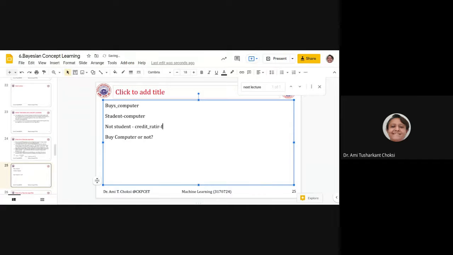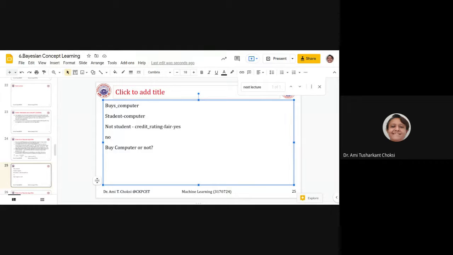If the credit rating is fair, then we can say that the person will buy a computer, so buy computer will be yes. Otherwise, it is no, right? So if we have data something like this, what we can say is after this data, we have analyzed.